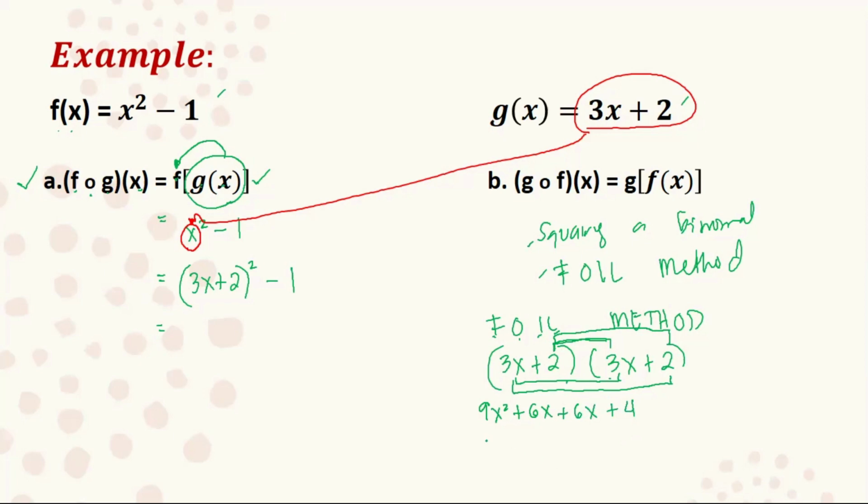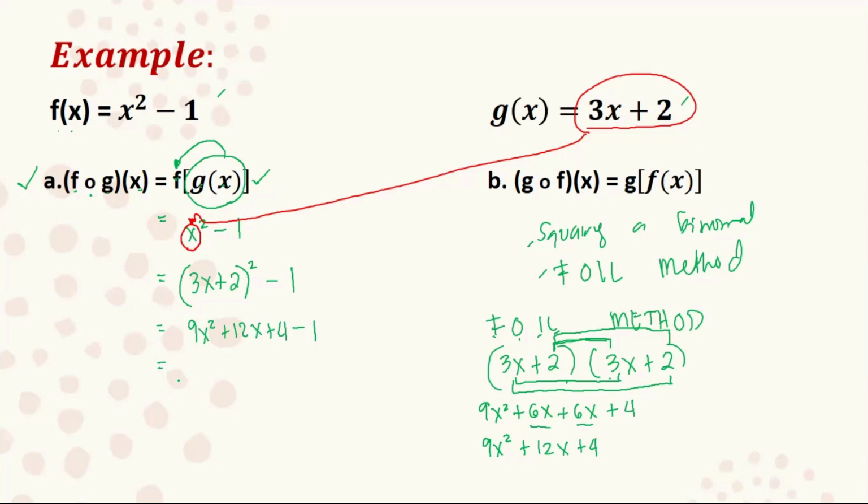Combining like terms, we get 9x squared plus 12x plus 4. Bakit naging 12x? Kasi kinumbine natin itong dalawang similar terms. We have 12x. So we write here 9x squared plus 12x plus 4, but we still have here minus 1.